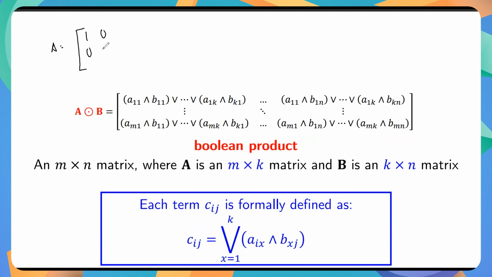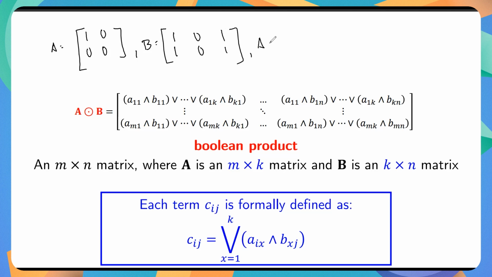An example of this would be, let's say, a matrix A, wherein it is 1, 0, 0, 0. And then we have matrix B, which, let's make this a 2 by 3 matrix. Let's say this one is 1, 1, 0, 0, 1.